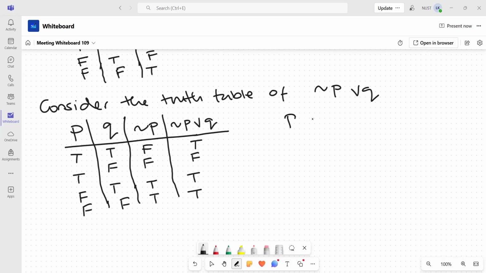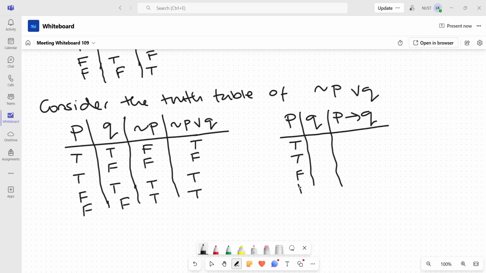So if you remember P, Q, and then we have P implies Q. So here we had true, true, false, false, true, false, true, and false. So P implies Q. If this is true and that is true, then this is true.